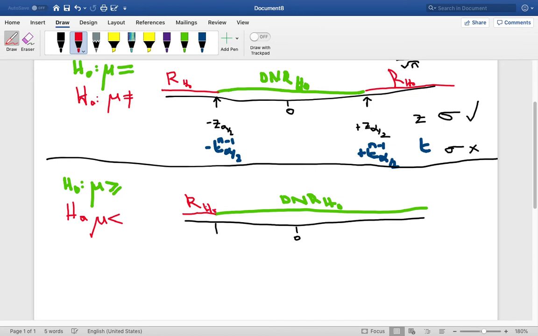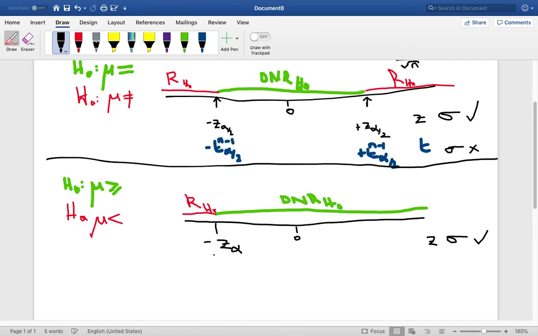And again, what we're going to say is that if the population standard deviation sigma is known, then we have a z distribution, and the critical value along here is going to be minus because it's to the left, and it's going to be z of alpha, not alpha over 2, because there's only one tail.